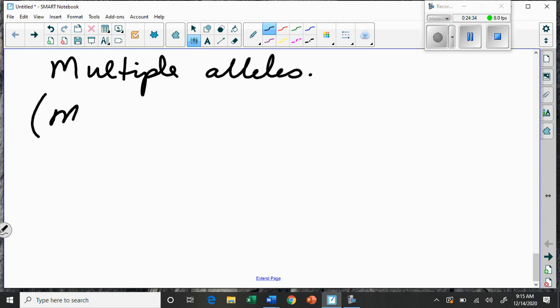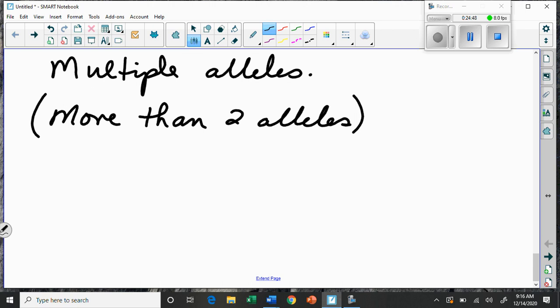So what this means is more than two alleles. Now, in your genes, you can only have two, but there might be 3 or 4 forms of the allele. You can only have two because you only have 2 homologous chromosomes for every gene. And so you can only get 2 of the alleles, but that doesn't mean that there's not more possible alleles out there.